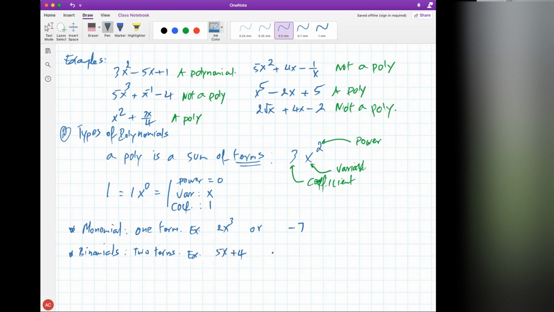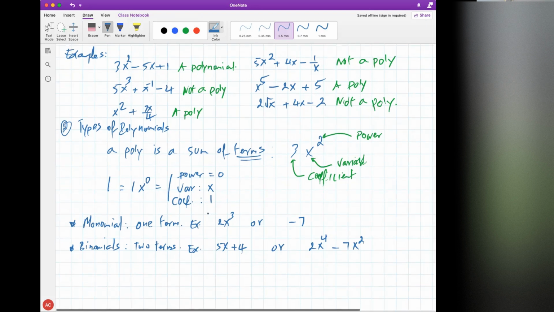That's it. That's a binomial, two terms. Or maybe 2x to the fourth minus 7x to the second. It's also a binomial with two terms. So again, the power of this term is 4, then 2, the coefficient here is 2, the coefficient here is -7, and so on. Could be variable terms, constant terms.